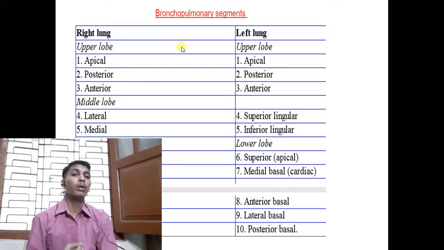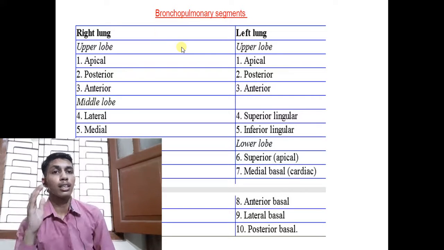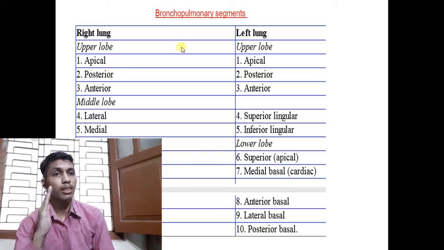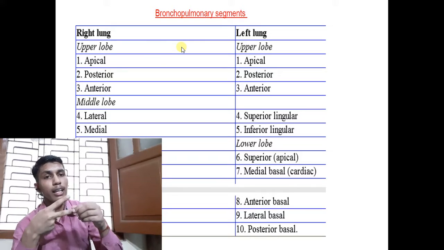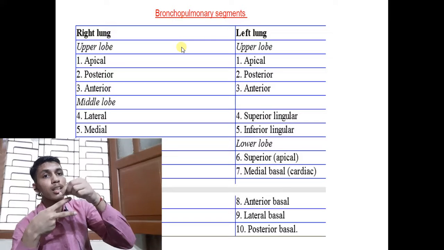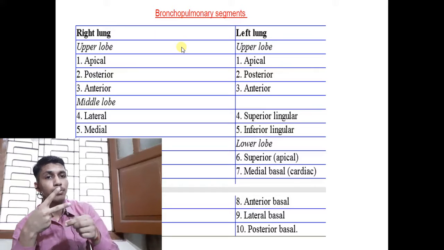Now, regarding the bronchopulmonary segments, we study that the right lung has two fissures, the oblique fissure and the horizontal fissure, that divide the right lung into three lobes: the superior or upper lobe, the middle or intermediate lobe, and the lower or inferior lobe.